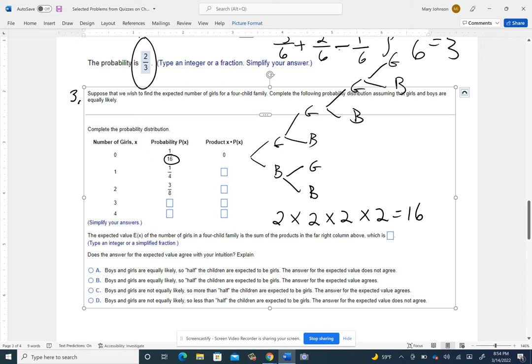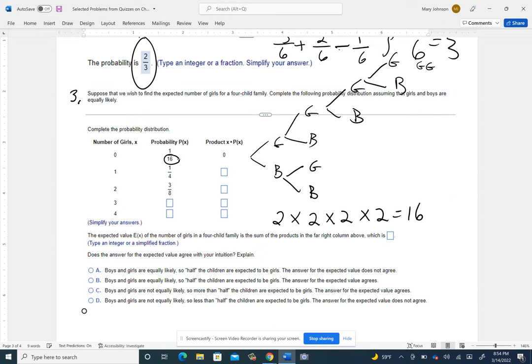Now to be able to figure out where they got these probabilities, you'd almost have to have this list. So it could be all girls, it could be girl, girl, girl, boy, right? And then what we can do is kind of imagine, do a systematic listing or do our tree and list them. So it could be girl, girl, boy, girl, girl, girl, boy, boy.